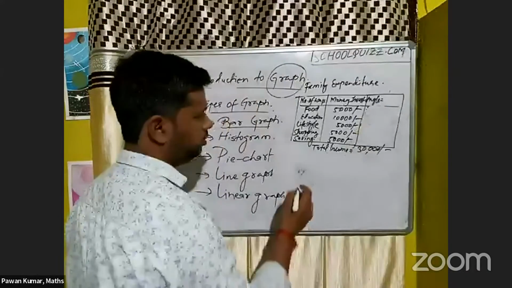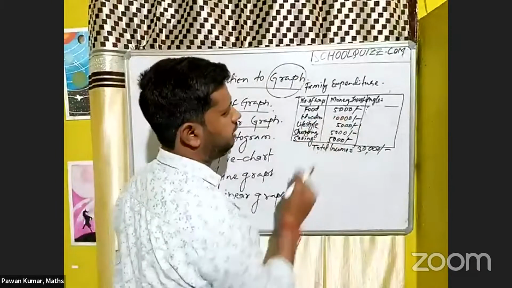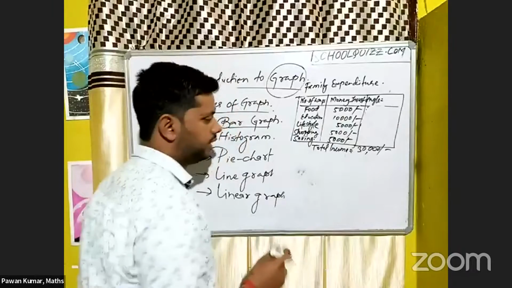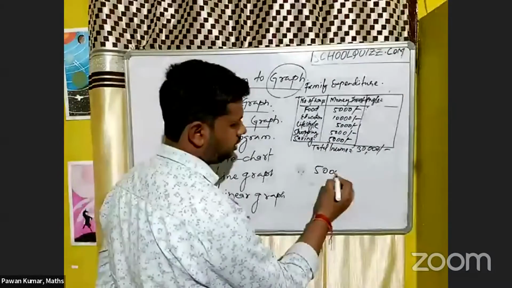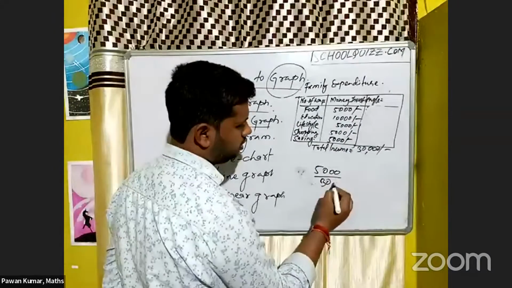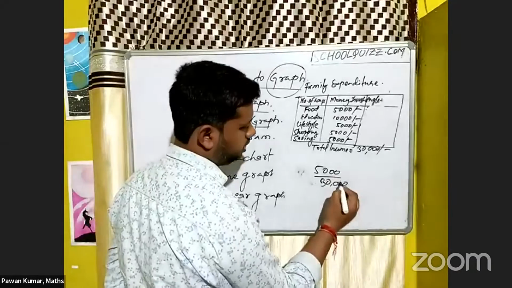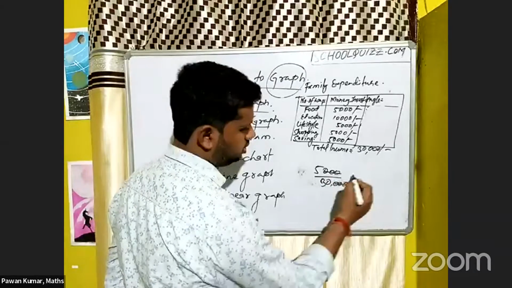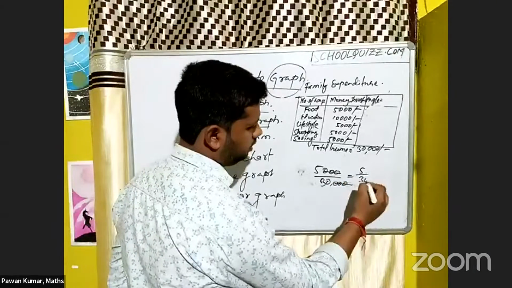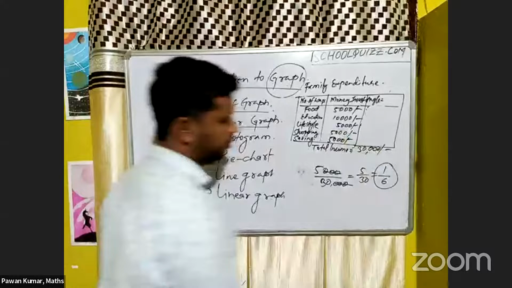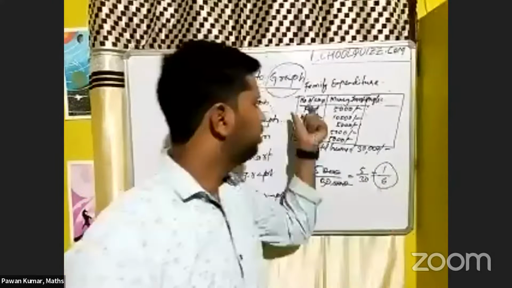I'm just finding the fractional value they are spending on food. So 5,000 by 30,000, means the zeros cancel, so 5 by 30. If I cancel this, it is 1/6th part of their total money on food.